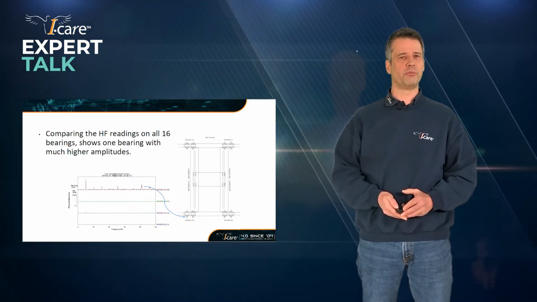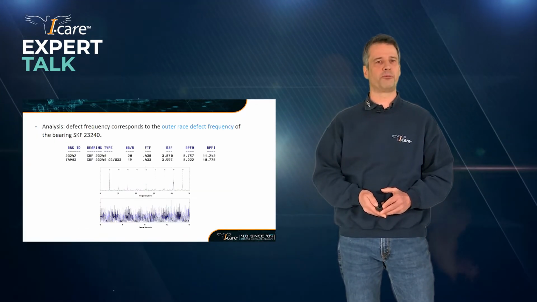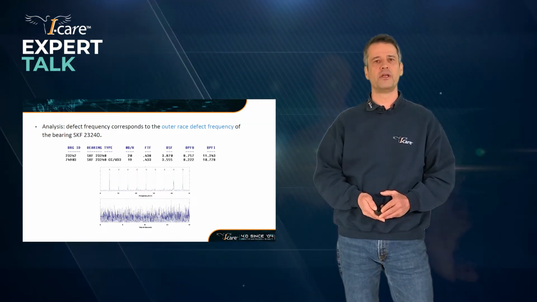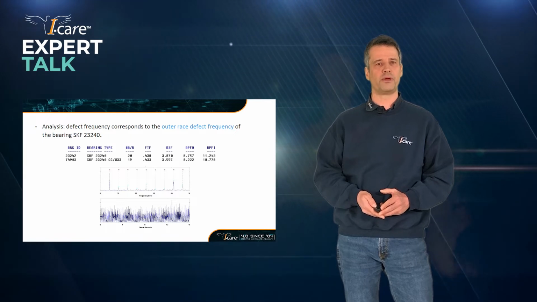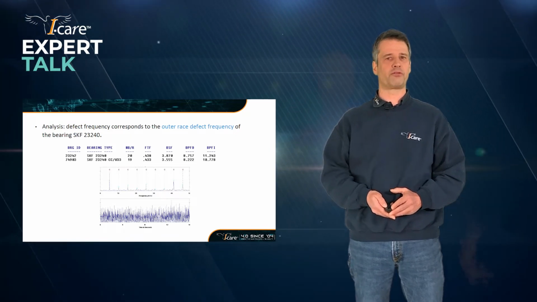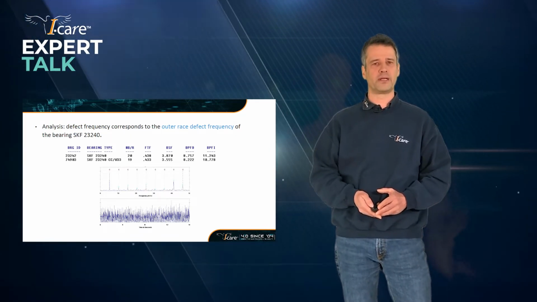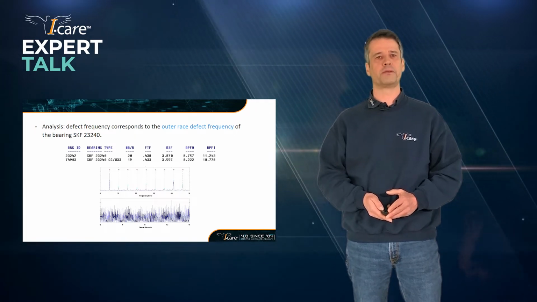Doing the analysis a bit more in detail, we see that the pattern is rather standard if you're familiar with vibration analysis, and it clearly corresponds to an outer race defect of the SKF 23240 bearing that's installed on the portal crane.